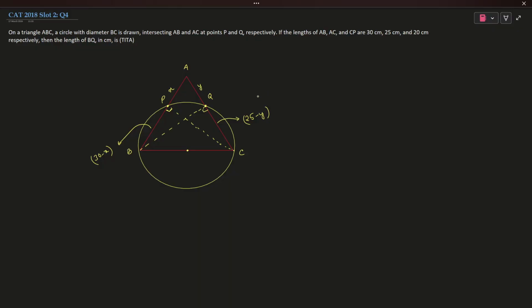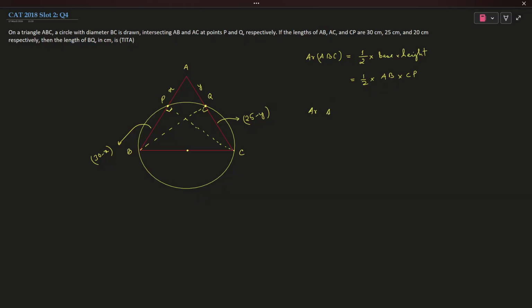Can we use area, half into base into height? Yes, guys. See, the area of triangle ABC is equal to half into base into the perpendicular height. If I take base AB, height will be CP.